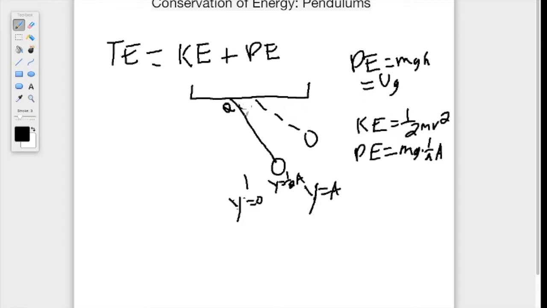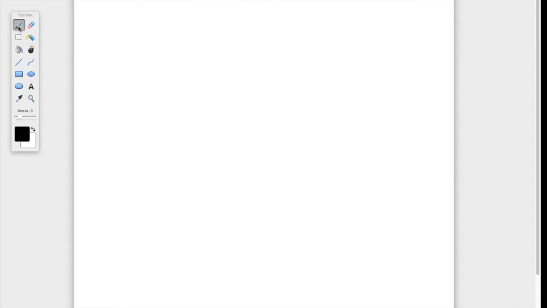But since this is a string and it's a pendulum, there is no elastic potential energy, but there is gravitational potential energy because the height is always changing. All right, so basically what we have to say is the kinetic energy at a point plus the gravitational potential energy at a point is equal to the total energy.